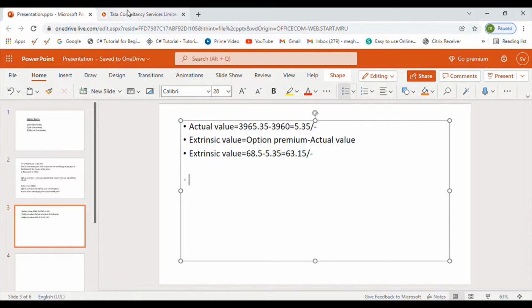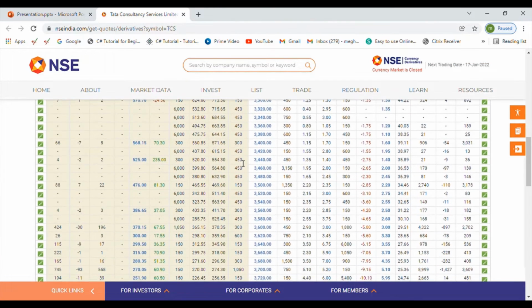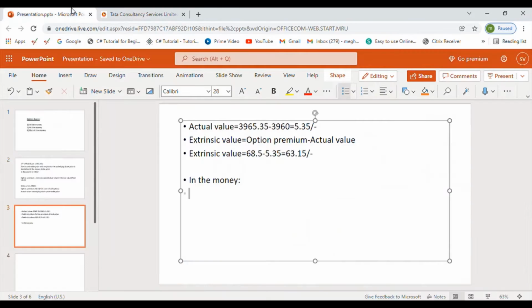Let us take an example and understand. For in the money, let me take the 3,500 strike price, which has a premium value of 476 rupees. Let me write it here. Strike price equals 3,500 and the option premium here is 476.